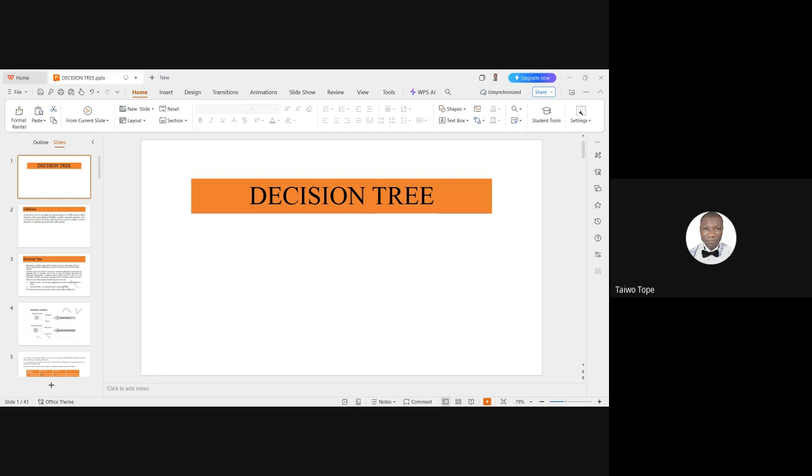So when we talk about decision tree, what we are actually referring to is a pictorial representation of a series of interrelated decisions and outcomes.